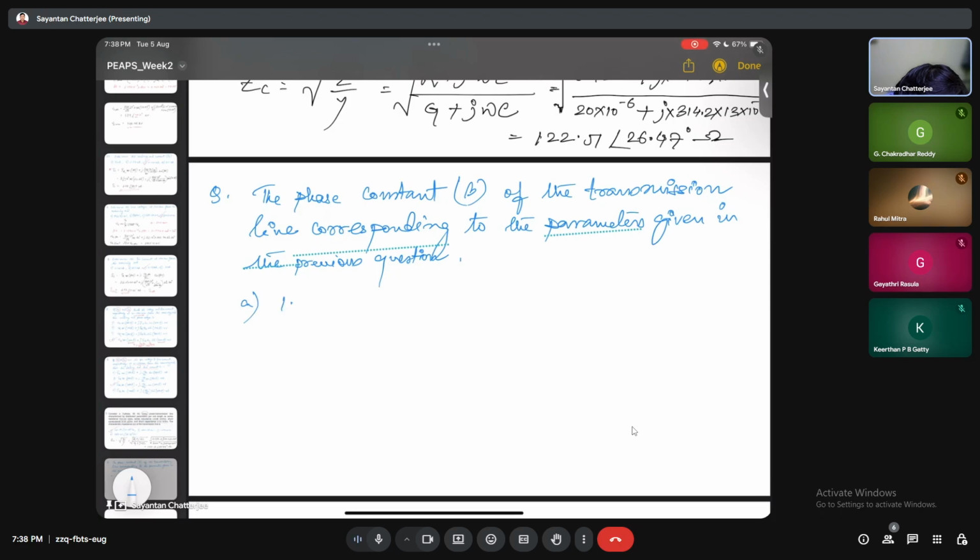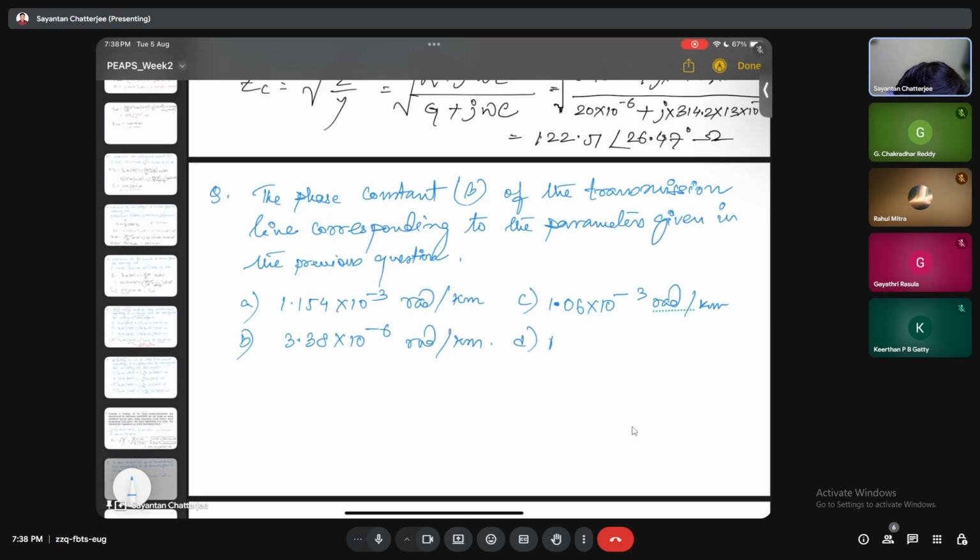So I'll just write the options. Option A is 3.38 into 10 to the power 6 neper per kilometer, B is 0.06 into 10 to the power minus 2 neper per kilometer, and D is 1.5.